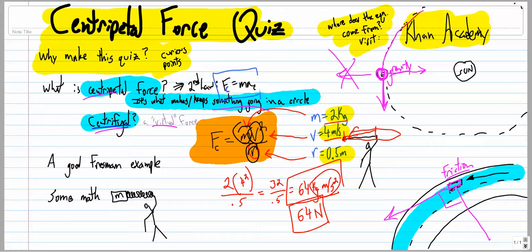I'm going to try and finish in one more minute. An example I like to give the freshmen is someone twirling a mass on a string over their head. The mass is spun in a circle, and they're trying to keep it at a steady velocity and the same distance, so everything's constant. What happens if the person twirls the object faster?